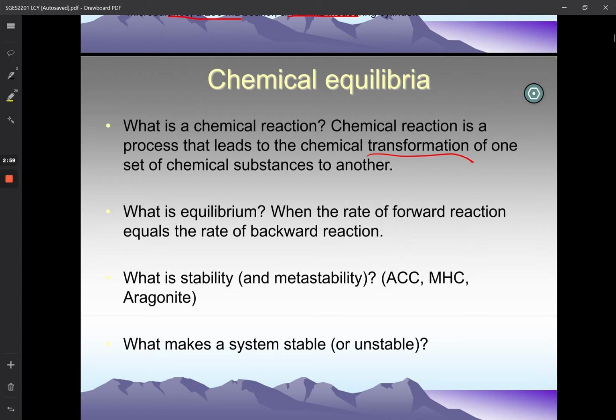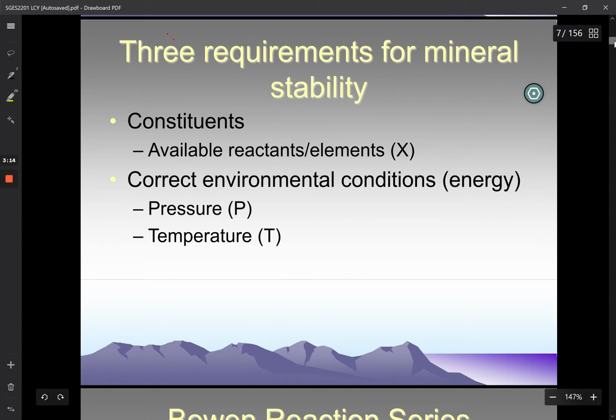So what makes a system stable or unstable? We are going to look into this. There are three requirements for mineral stability. The first one is the constituents, for example, the available reactants or the elements, the composition of it, and what reactants you have.